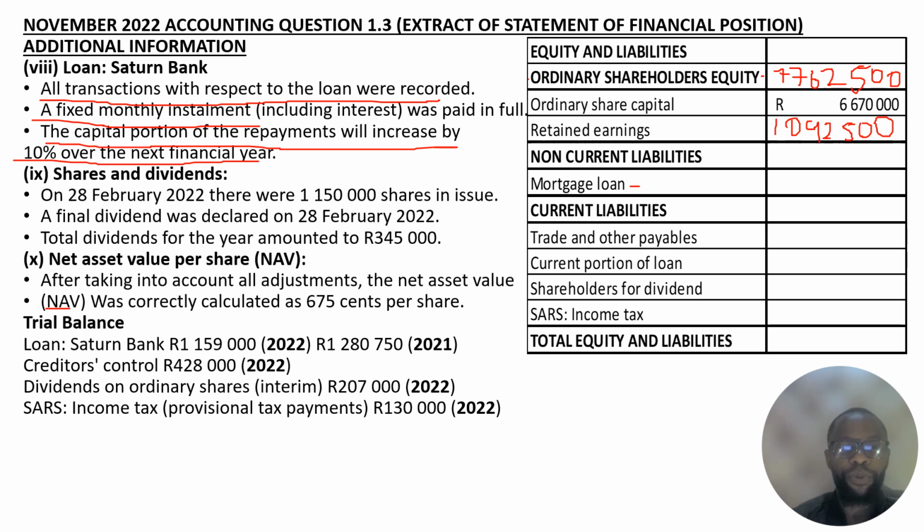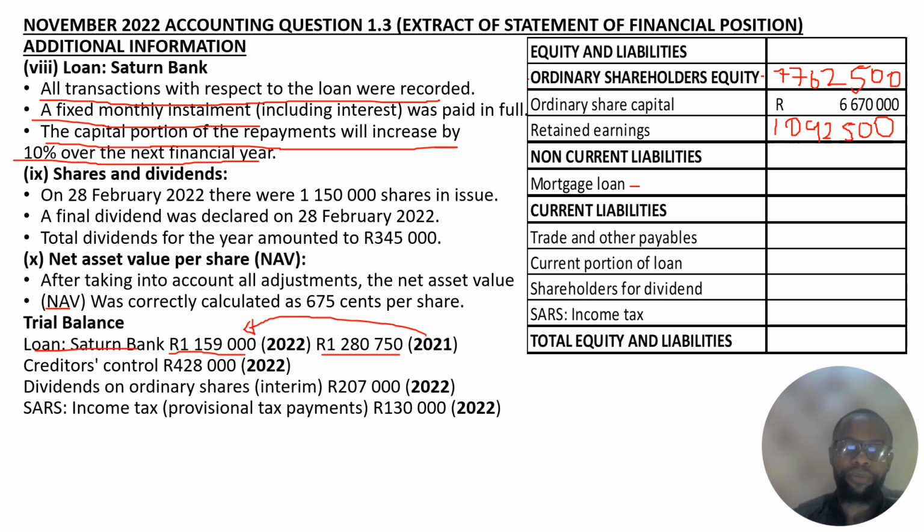And then when we go to our trial balance, there is a loan. In 2022, it's 1,159,000, and then in 2021, it's 1,280,750. It should be like that, because when you are paying your loan, it goes down.